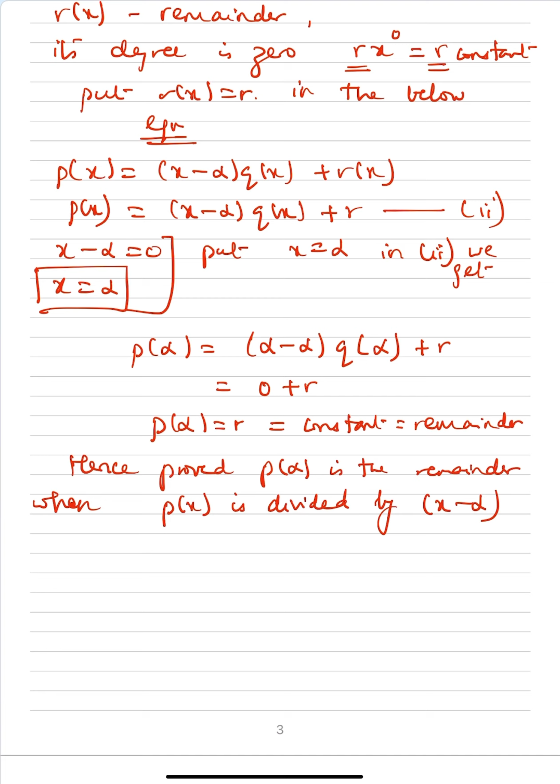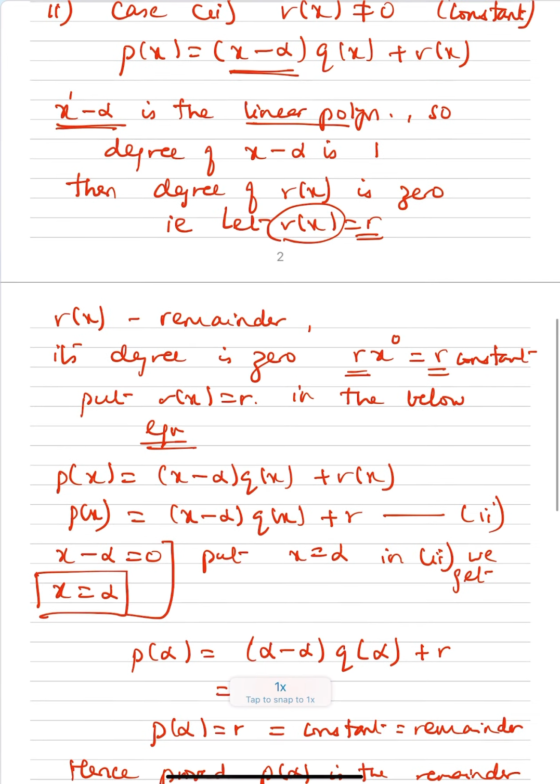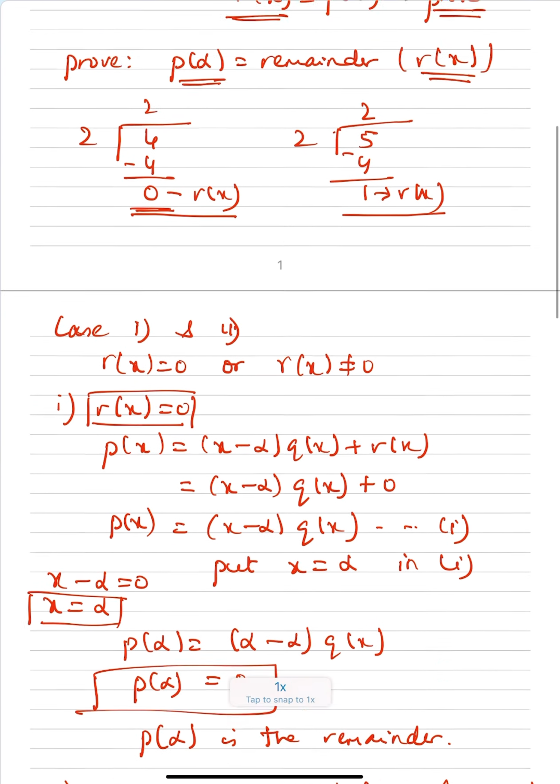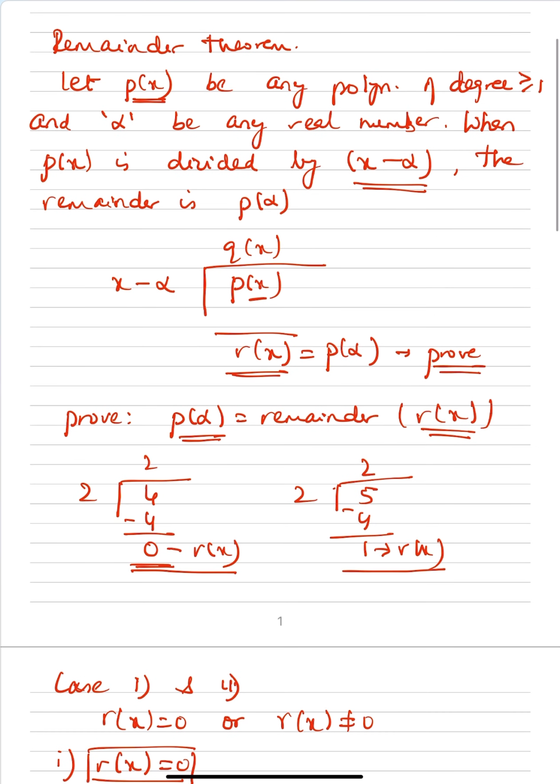Got it? Correct? See, I will explain it again. This is the remainder theorem, that P of x is a polynomial whose degree is greater than or equal to 1.